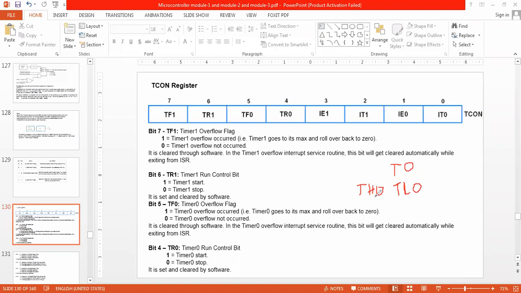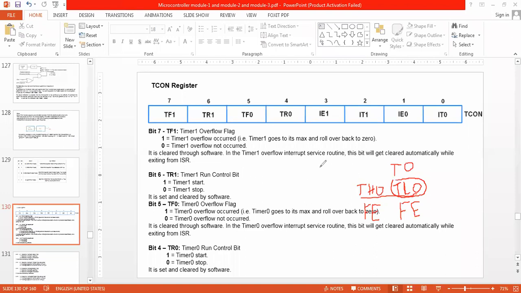Mode 2 is the 8-bit timer. Now TH0 is having FEH. Now what will be the value of TL0? It will be FEH. Now I have to start incrementing only TL0, correct?